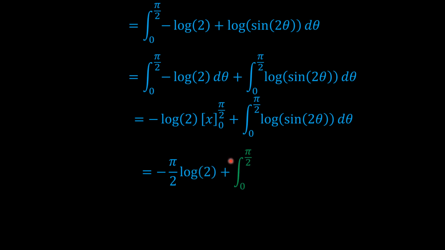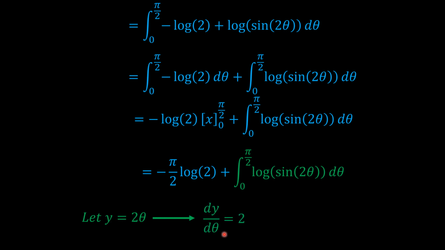That's easy to see. And then we have now a green integral here that will allow us to see that if we let y be equal to 2 theta, dy d theta being equal to 2 means that half dy is equal to d theta.